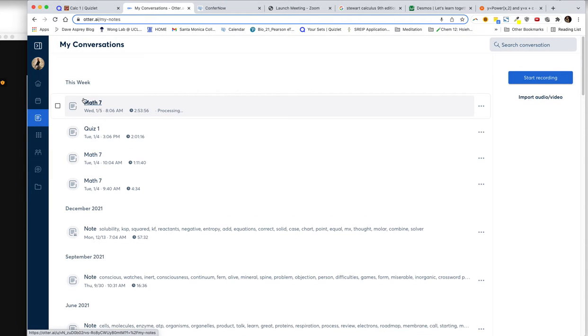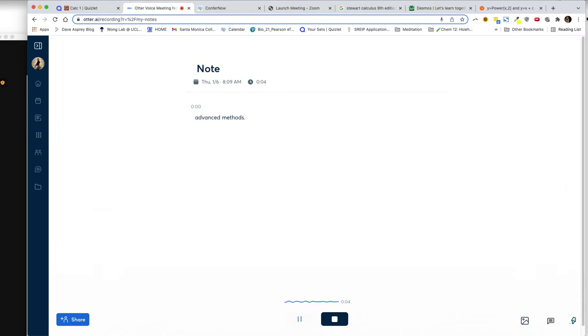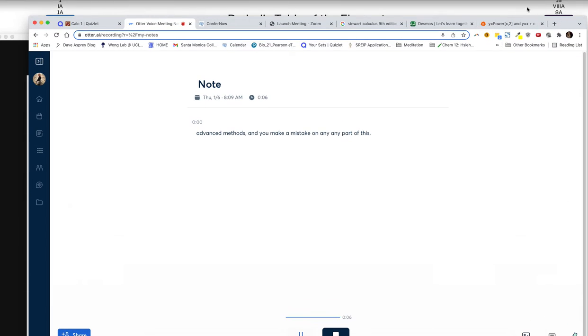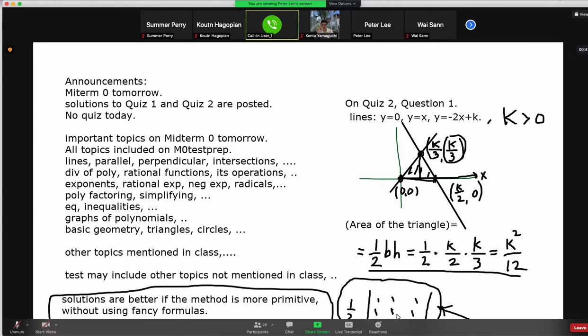If you apply these more general, fancier, more advanced methods and make a mistake on any part of this, that could be 10 points off immediately, because the problem was not meant to be solved this way. It was meant to be solved just like this. And if you solve it like this, there's not much room for making a mistake.